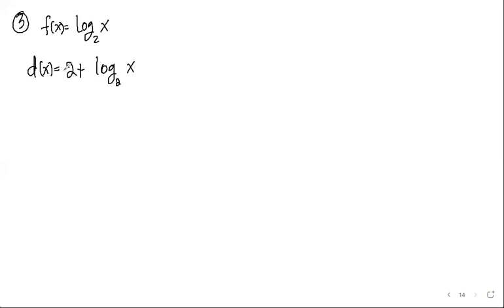What does that mean? We're adding 2 to the logarithm. What is the meaning of adding 2 to the logarithm?